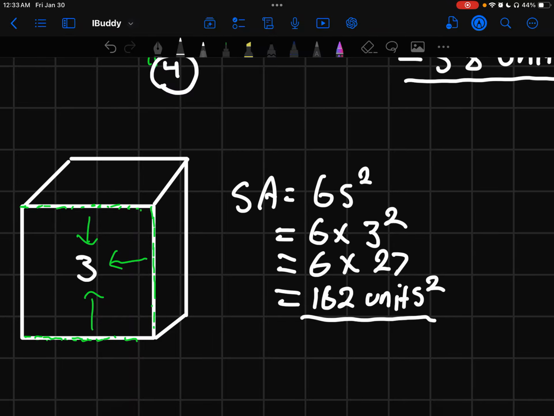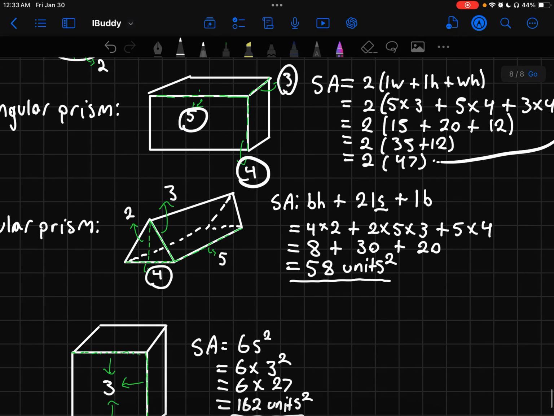So that's basically how you calculate the surface area and volume of all of these different shapes.